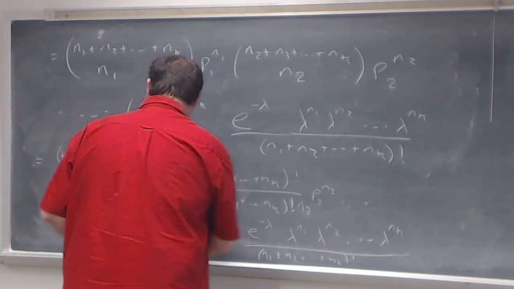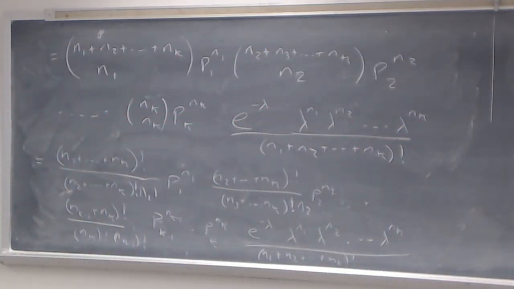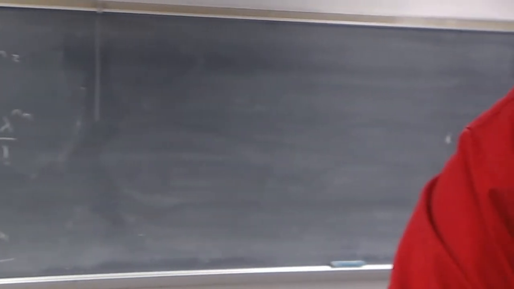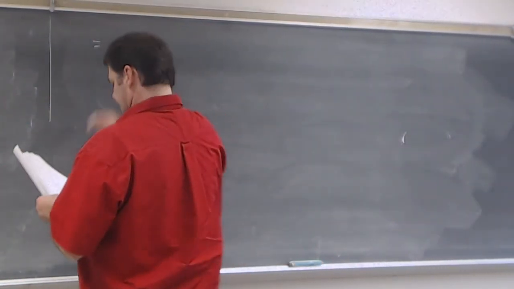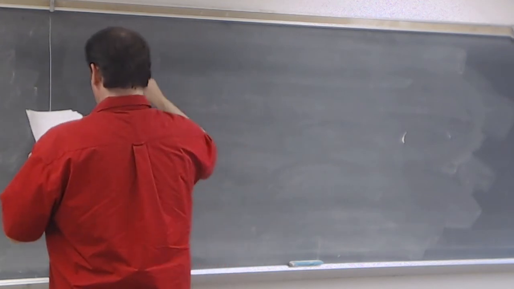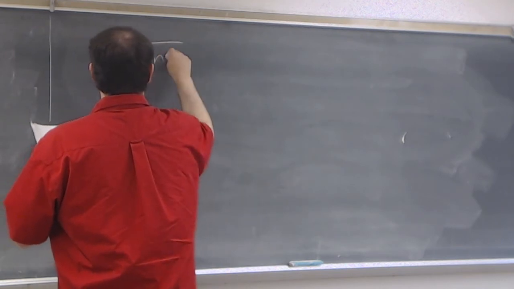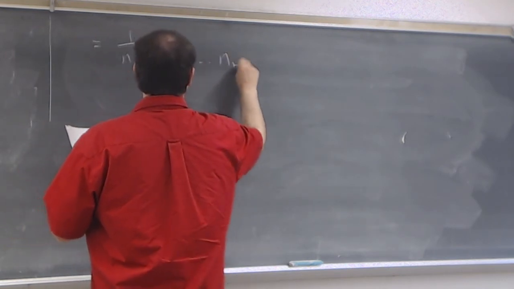And so, the way that we can represent what we have in a nicer form is that it's equal to 1 over n sub 1 factorial, n sub 2 factorial, all the way up to n sub k factorial.